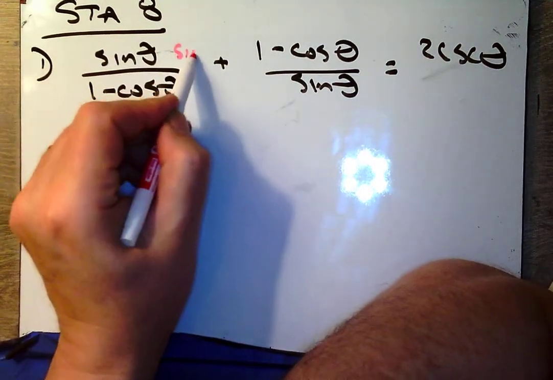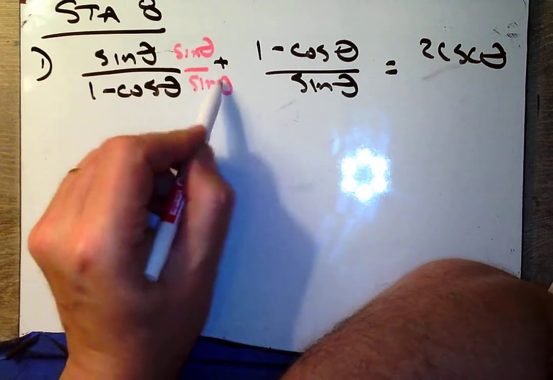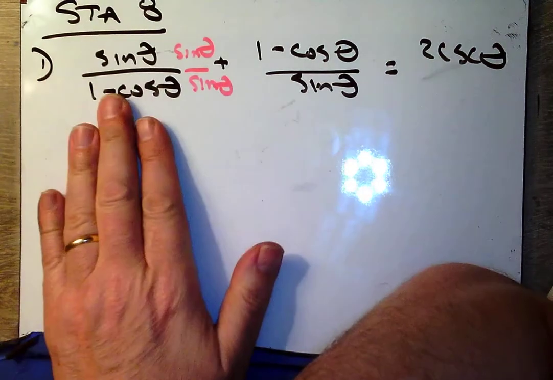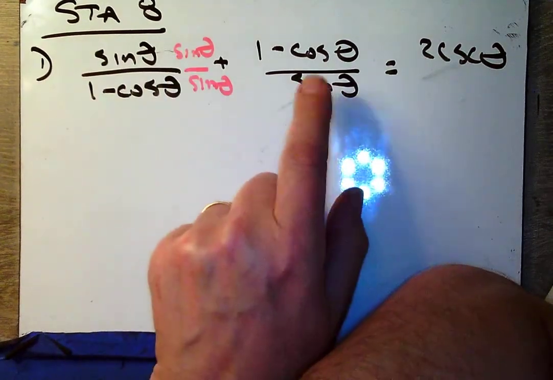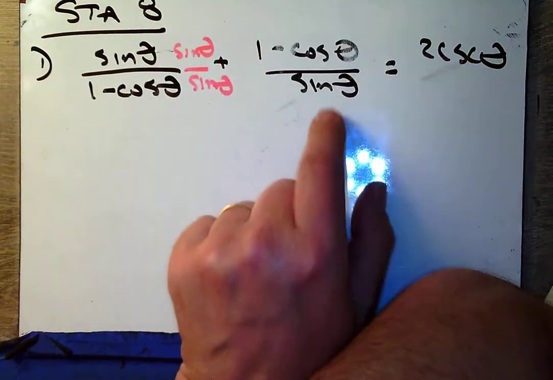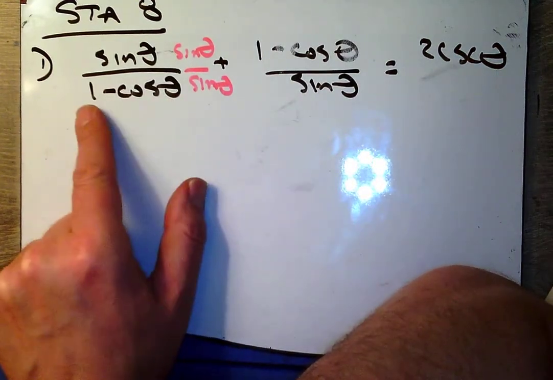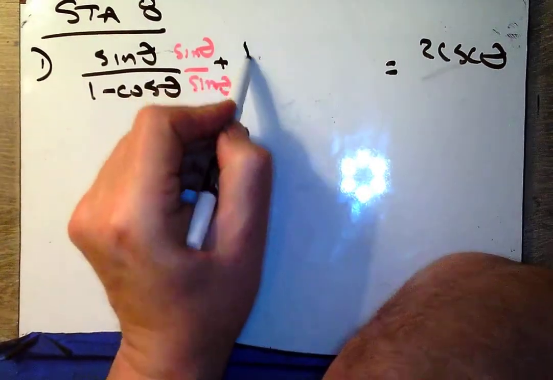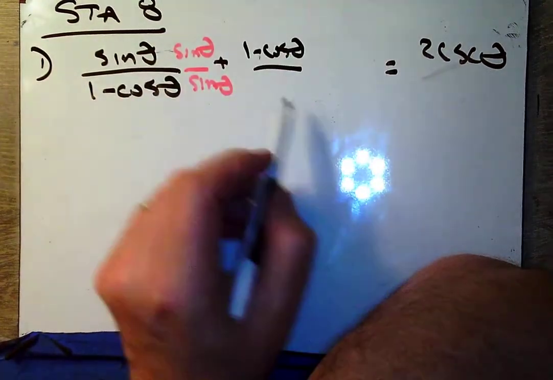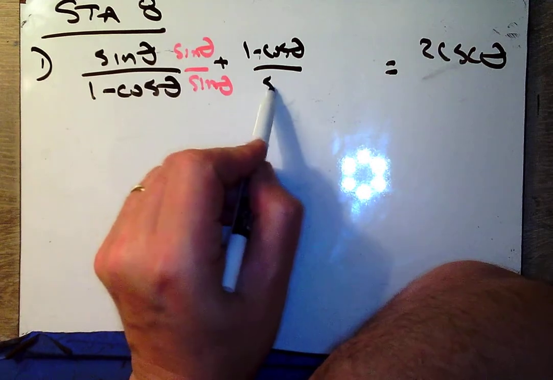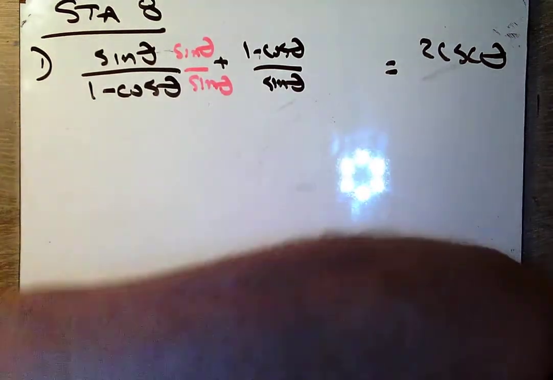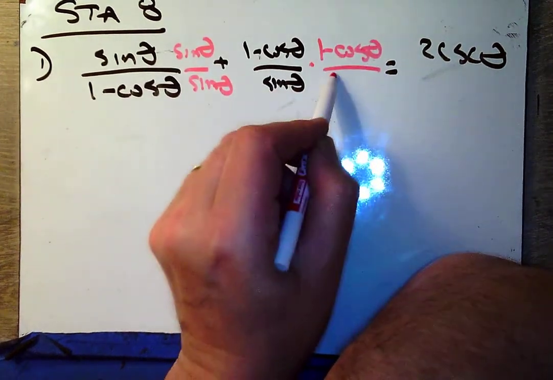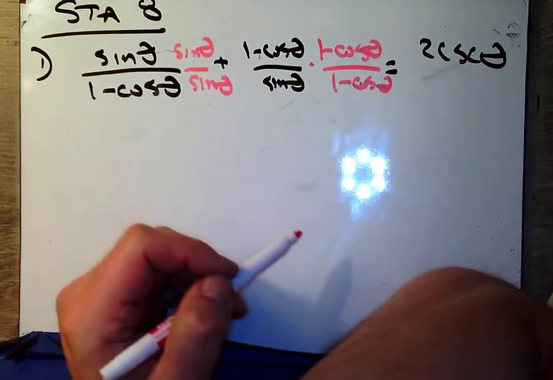So here I need to multiply by sine over sine, because that's what's over here. And while this fraction got the sine over sine from here, this fraction needs the 1 minus cosine. So I've got 1 minus cosine over sine theta, and I need to multiply by 1 minus cosine theta over 1 minus cosine theta.